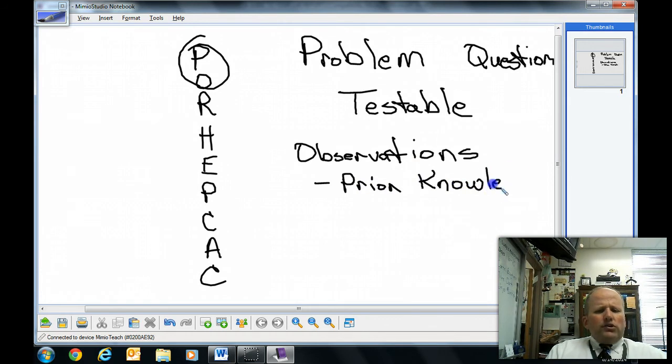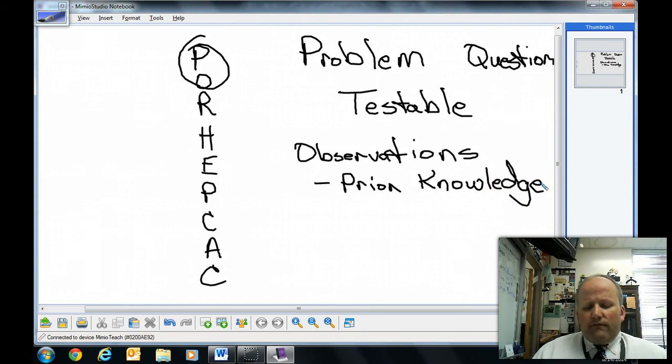You already knew it. We are going to do a lab fairly soon about cars and speeding cars. Well, I believe everybody has probably been in a car before. You've probably been in a speeding car before. So everybody has prior knowledge about a car and a speeding car.